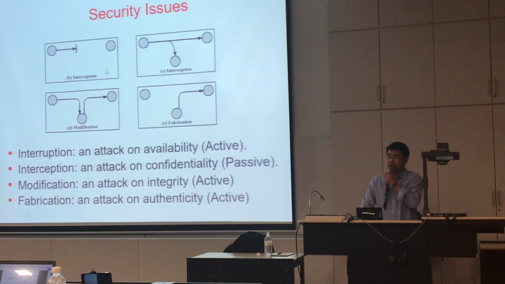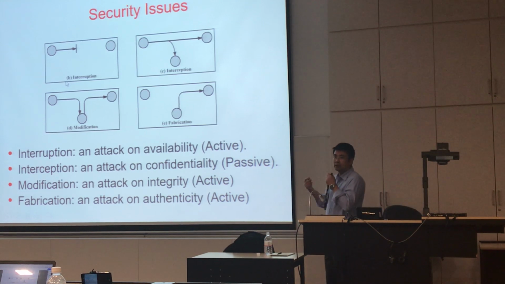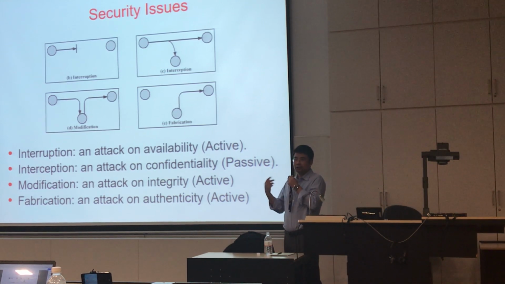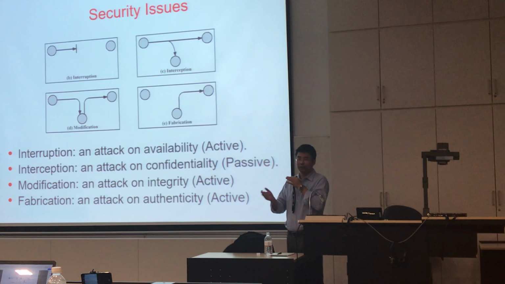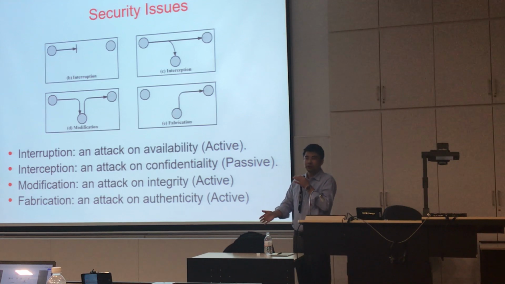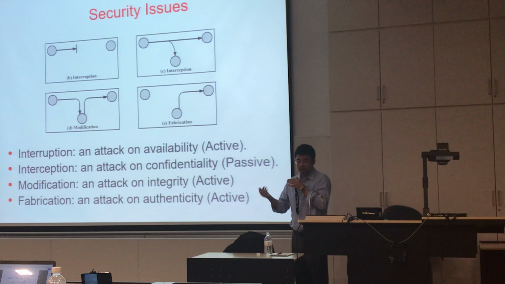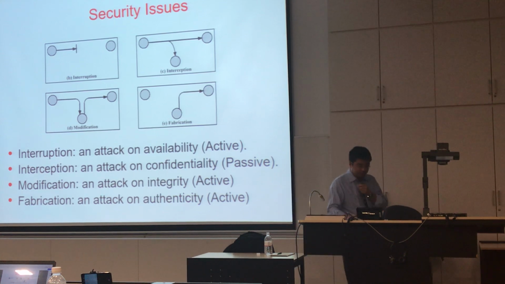This is an attack against the requirement of availability, because the network is shut down. There is no physical channel to deliver the message. Basically, if the enemy can cut the network, then you cannot do any communication. So the service is unavailable, and this is against availability.